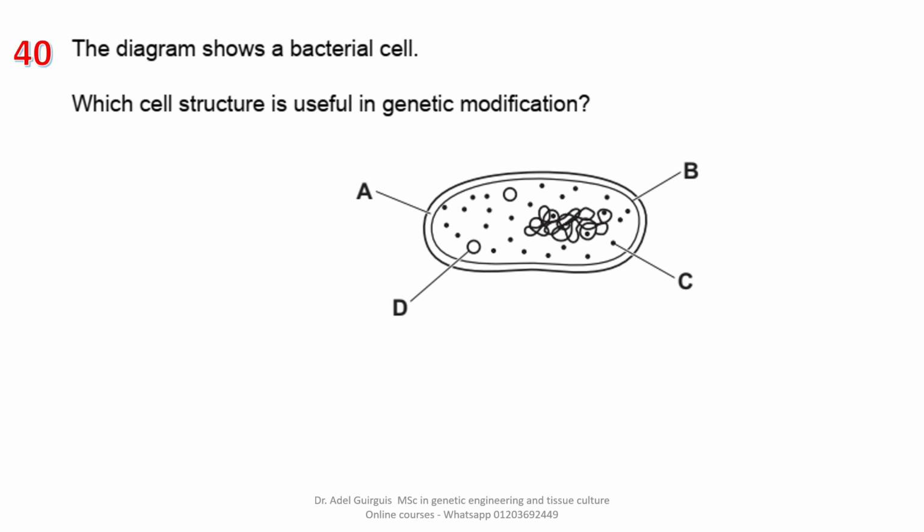Also, they contain circular DNA called plasmids. The answer is D, plasmid. Plasmid is needed for genetic modification, to cut and insert the target gene inside these plasmids.